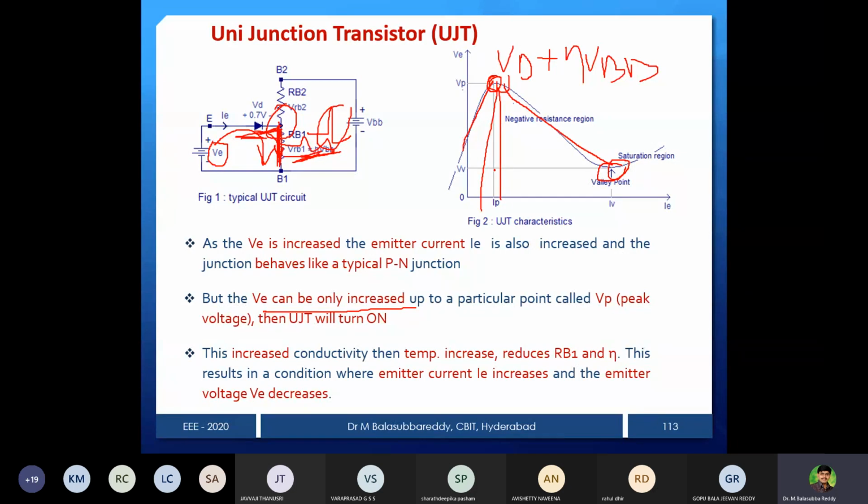Our intention is that the UJT is required like a switch. In our case, we want to use switching operation, deciding when it has to be on and when it has to be off. While the device turns on, that spike pulse we make use of to trigger the SCR. This is the basics of the UJT I am explaining.